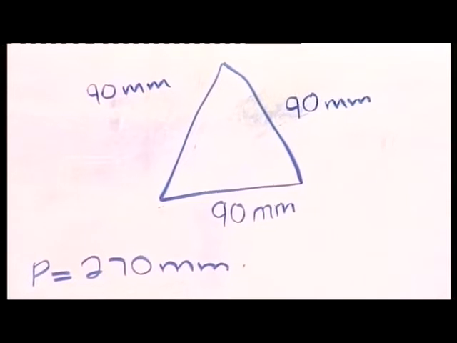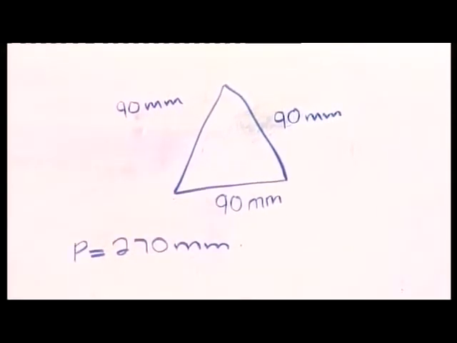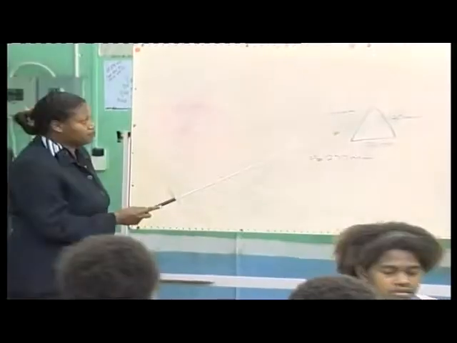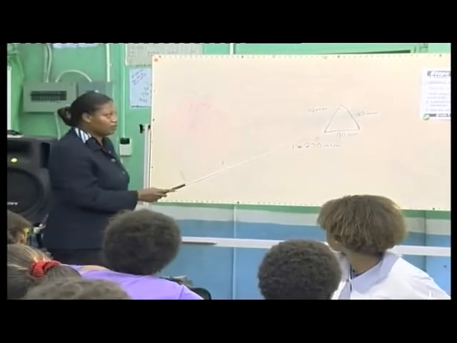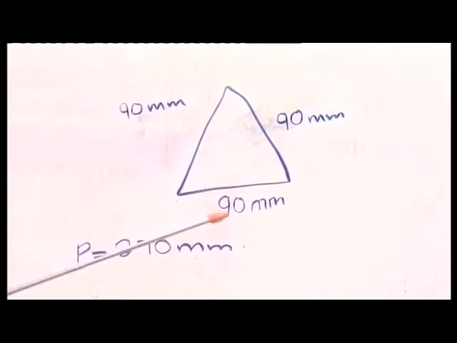Right, thank you. Let's see her working out. Okay, she has placed her working out on the diagram where she has put 90 millimeters there, 90 millimeters on the second side and on the third side, and she has added all that equal to 270 millimeters. Do you have that answer?